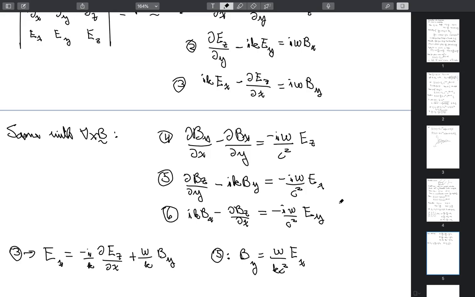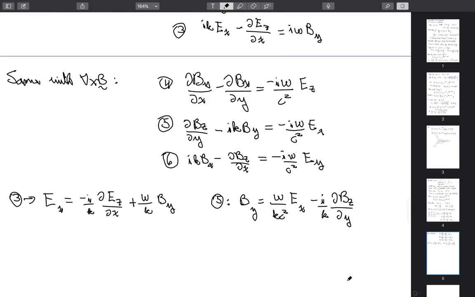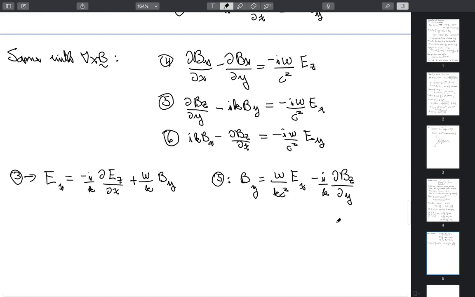And then this goes on the other side. I do plus i, so I get a minus i over k dBz/dy. Okay, so now I can substitute for this in here, right?